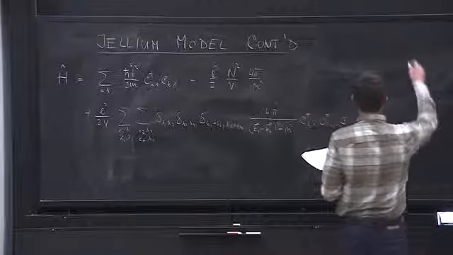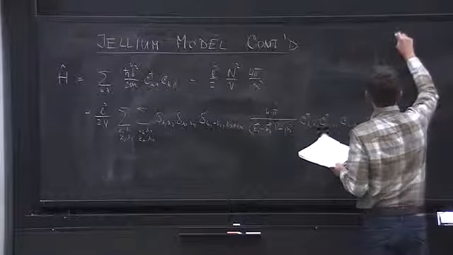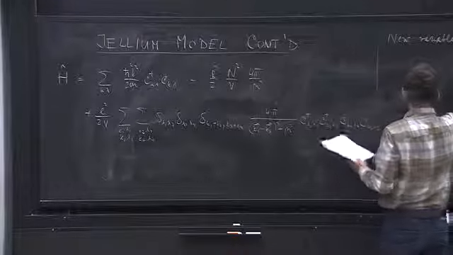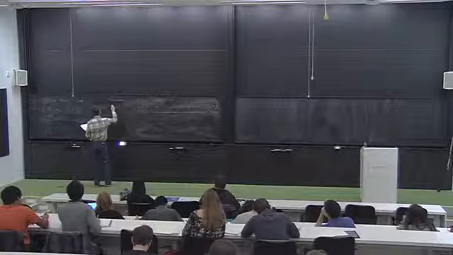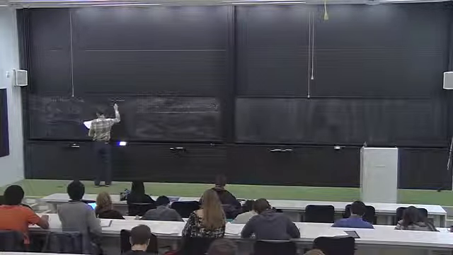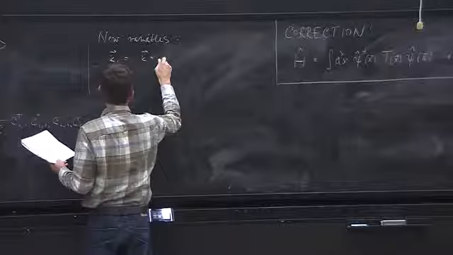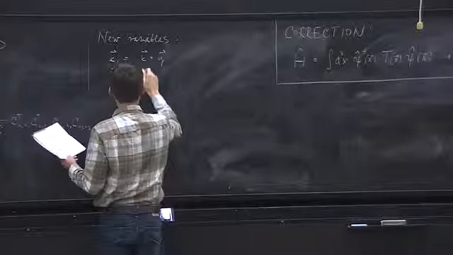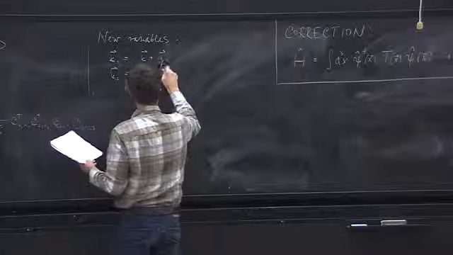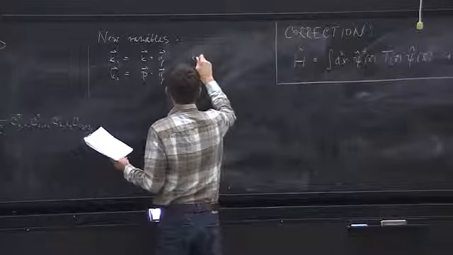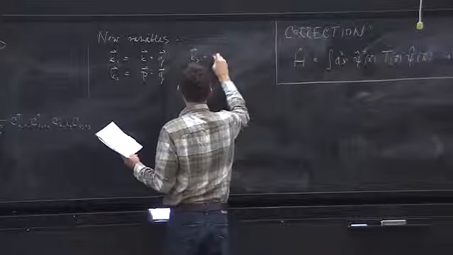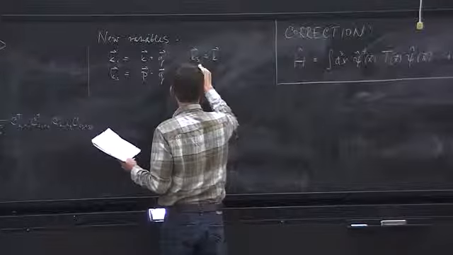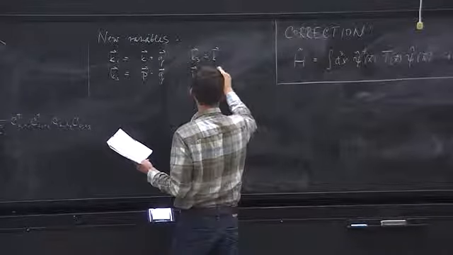And to this end, let's introduce new variables. And we do it as follows. We replace k1 with new variables k plus q, k2 with p minus q, k3 will be equal to k, and k4 will be equal to p.